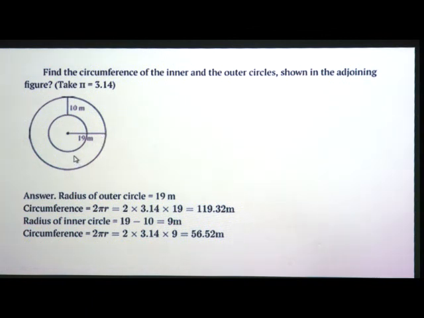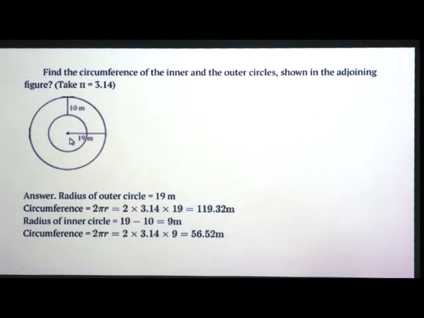So, seeing the figure, we can find the circumference of the inner circle and the circumference of the outer circle by using the formula circumference equals 2 pi r. We just have to substitute the values. Hope you have understood, my dear student.